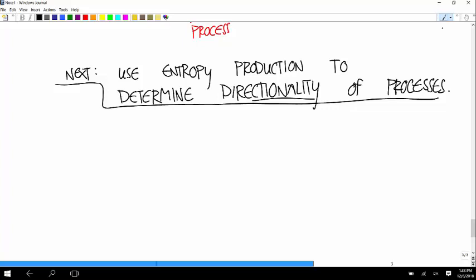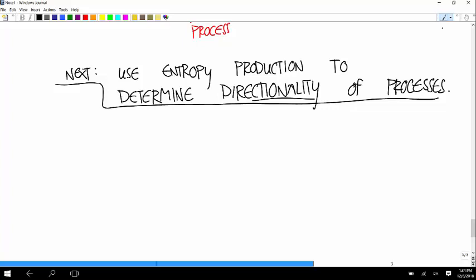So if someone goes down the hill on a skateboard and there's friction, if we could calculate the entropy production over that motion, we could say, okay, this process didn't go backwards because entropy production would have to be negative, and that's impossible.